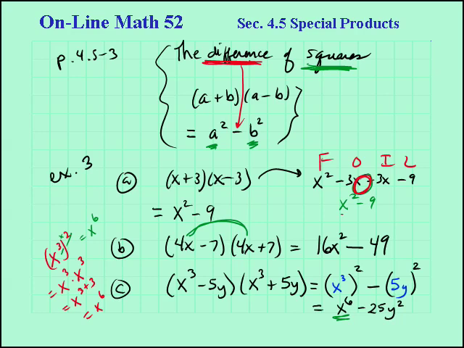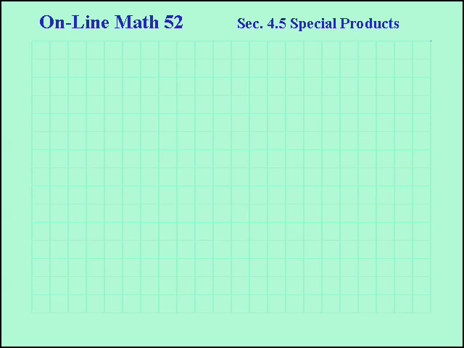I'm going to move ahead now in section 4.5 to page 5, where we have another special multiplication process. This is page 4.5-5, and these are now called perfect square binomials.